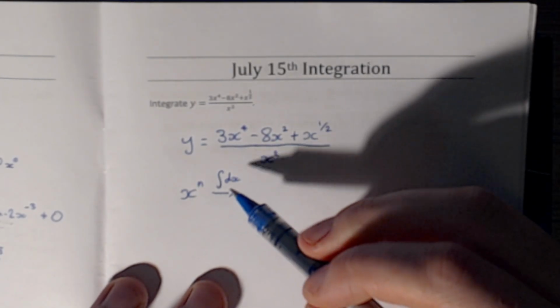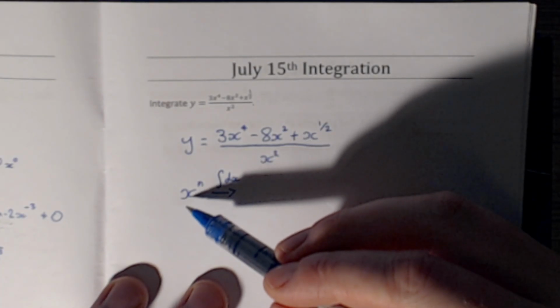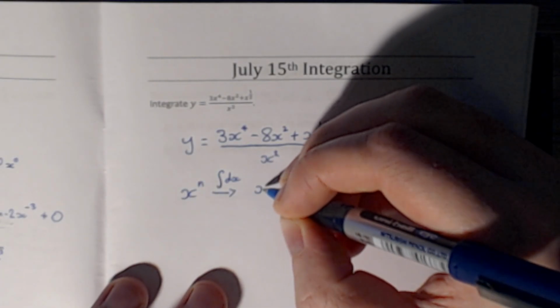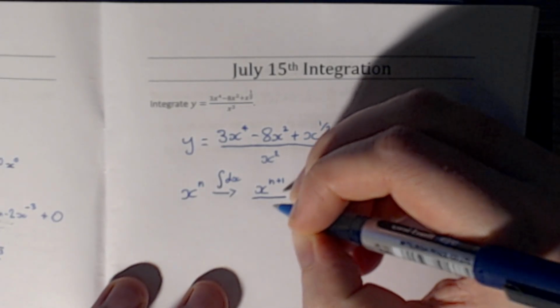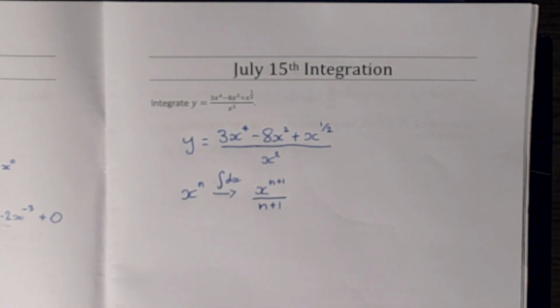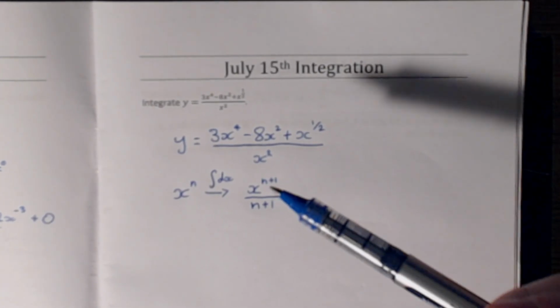But we know we have this S sign, dx, and when we put x to the power of n into that, it comes out as x to the power of n plus 1, all divided by n plus 1. And much like we did with differentiation yesterday, we can apply this term by term.